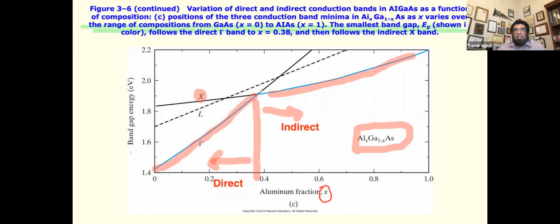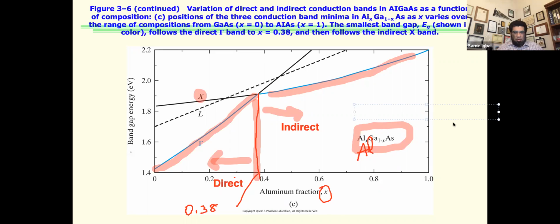And that transition is happening at x equal to, maybe 0.38. So from aluminum 0.38, all right, let me just type it up.